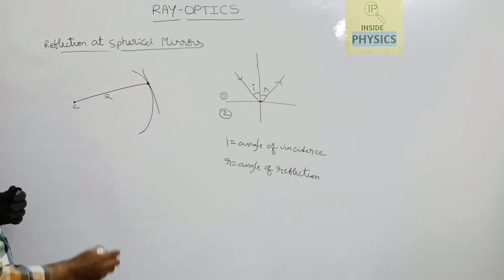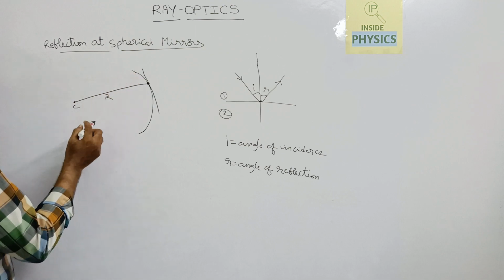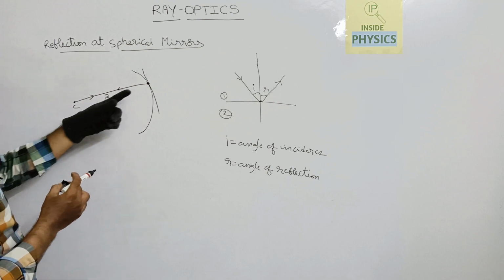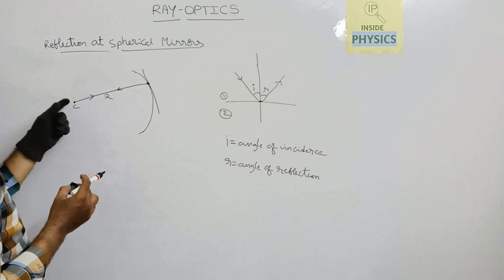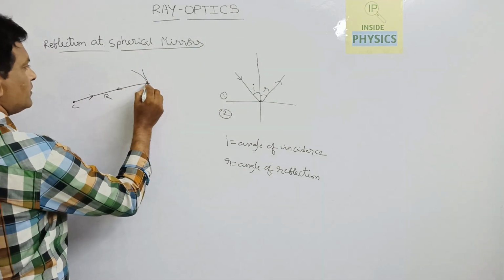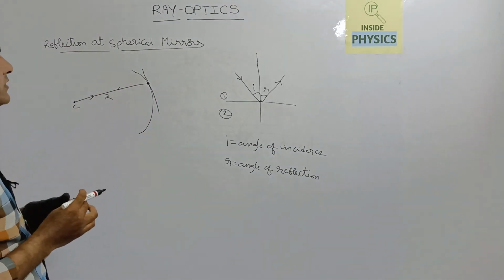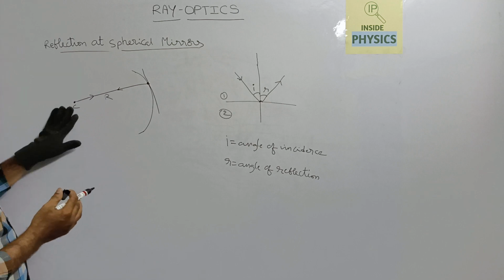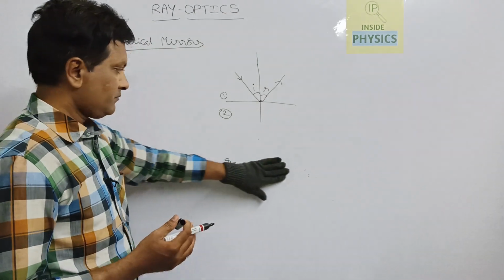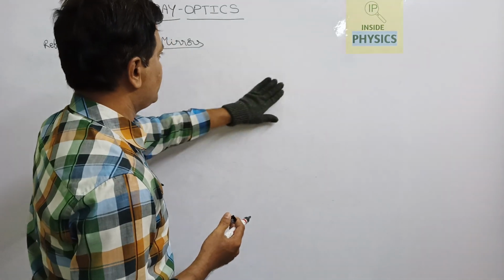So any ray coming from the center of curvature of the spherical mirror will be reflected back and pass through the center of curvature, because it is exactly perpendicular to the spherical surface at the point of incidence. In this way, these laws of reflection are applied in studying reflection at spherical mirrors.